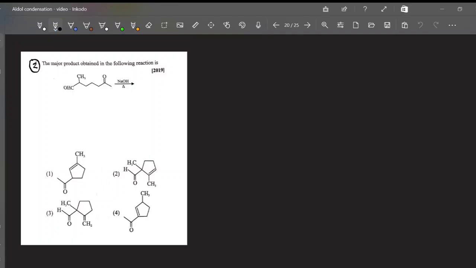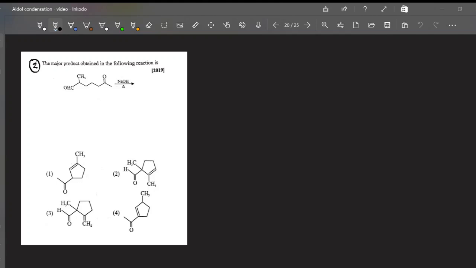And this is a kind of intramolecular aldol condensation. What do you mean by intramolecular aldol condensation actually? Generally we take 2 moles of such aldehyde or ketone for the aldol condensation.